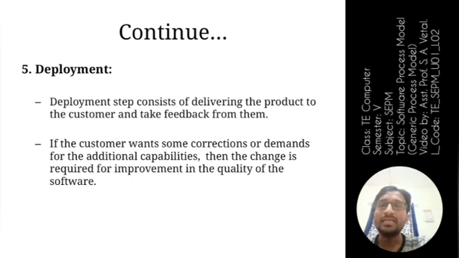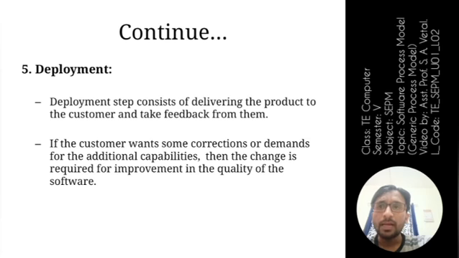So these are the tasks that can be performed in the deployment activity, that is delivering the product and getting feedback from the customer, and if there is any correction or any demand for additional capabilities to add, we just have to work on that, and again deploy that product to the customer.